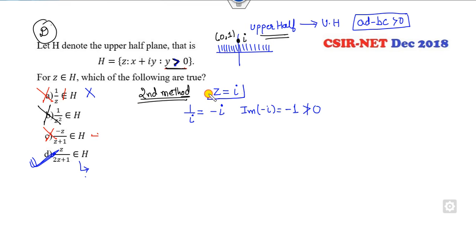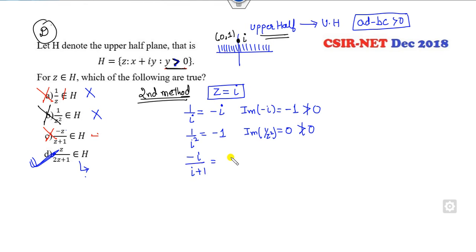Again, if I take z is iota, the second option is 1 over z square, which is minus 1. So what is the imaginary part of 1 over z square? It is 0, which is again not greater than 0. So this option is also cancelled. Again, if I take z is iota, then it is minus iota over iota plus 1.